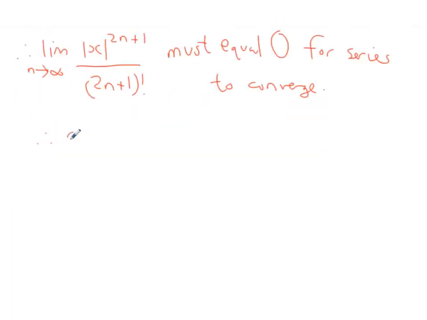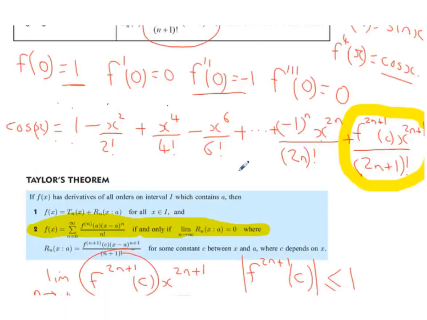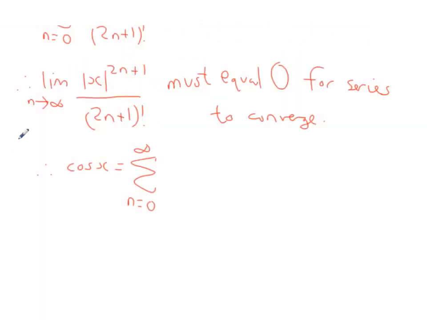So therefore, cosine x does equal the sum from n equals 0 to infinity of, remember how we defined it, minus 1 to the power n, x to the 2n over 2n factorial.